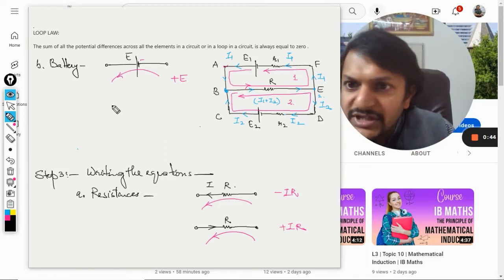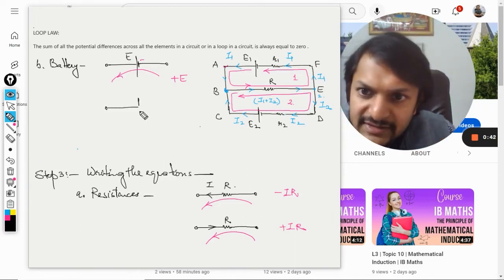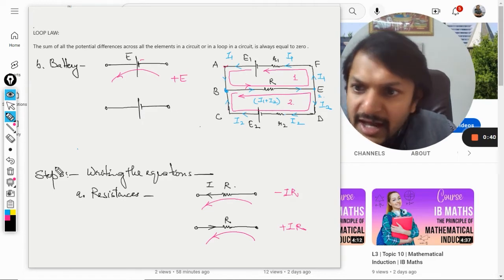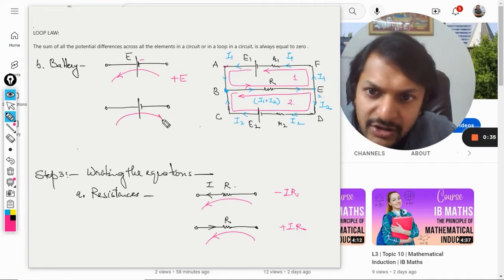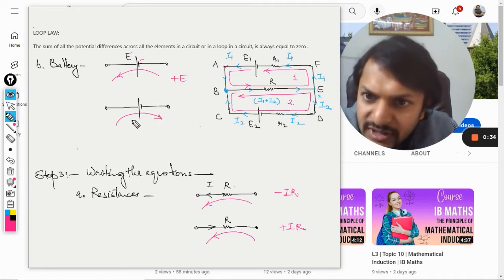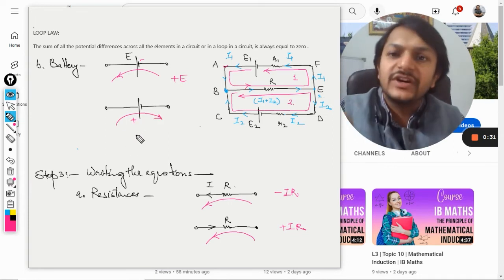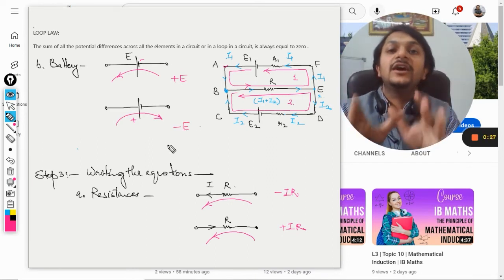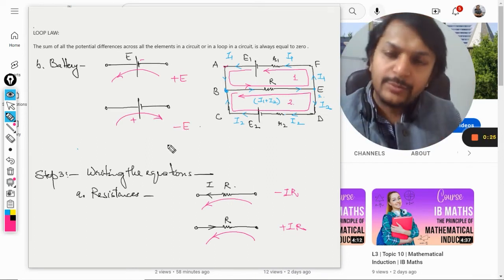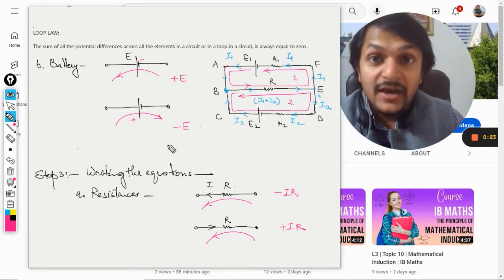And what happens if it is in the opposite direction? Let us say this is the battery and now the loop is moving in the opposite manner like this. Now it is encountering the positive terminal first. So that is why we are now going to subtract E in our arithmetic equation for the potentials. Why?